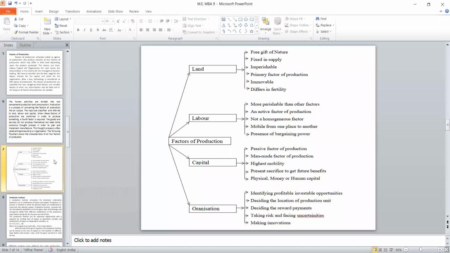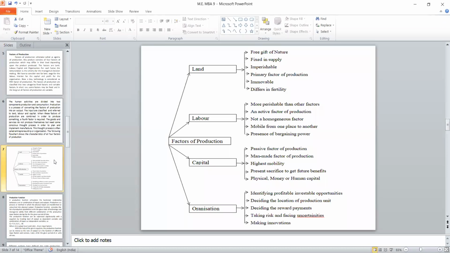A bird in hand is worth two in the bush. Like that, if you have money in your hand, you are considered a successful personality. So capital is that important. Finally, entrepreneurship, the fourth factor of production, the organization. There are some features. The ultimate remuneration for organization is profit.